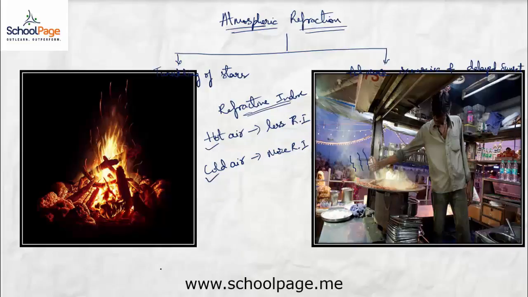So this is an example of atmospheric refraction on a small scale. So let's move on and understand atmospheric refraction on a large scale, for twinkling of stars and to understand advanced sunrise and delayed sunset.